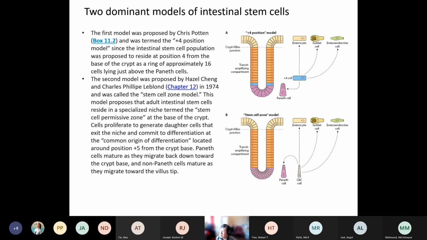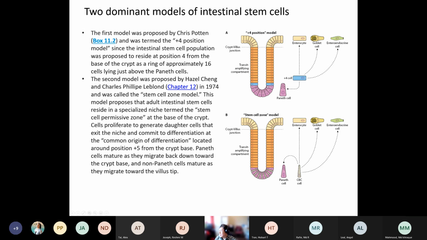The first is called the +4 position model, and this model is mainly proposed by the scientist Chris Potten, who's considered the pioneer in adult stem cell research within the small intestine. In his theory, he said that at this +4 position you will have stem cells.